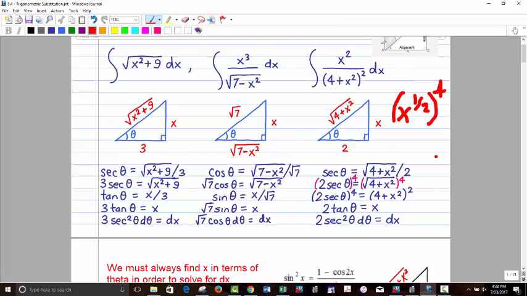So that would be x squared. So that's how I knew to raise it to the 4th power, because I want to make it convert to x squared. If you pick the wrong exponent, you can certainly change that. If you make a mistake, it's easily fixed. So you see I raised to the 4th power, and there you go. That gives me the 4 plus x squared squared.